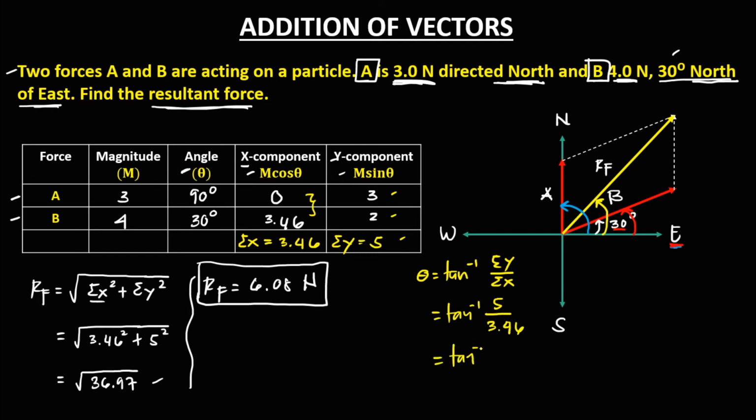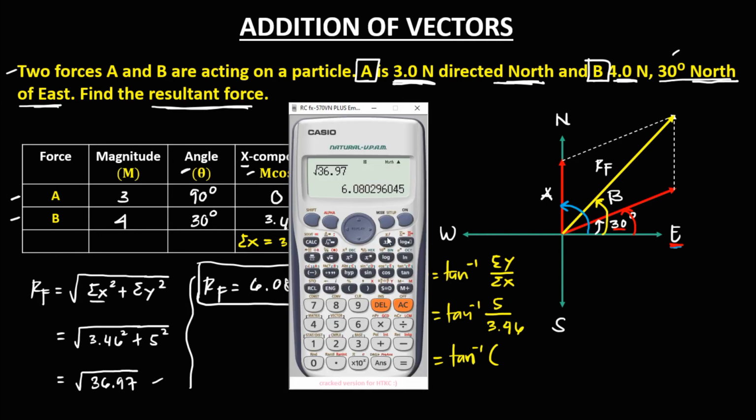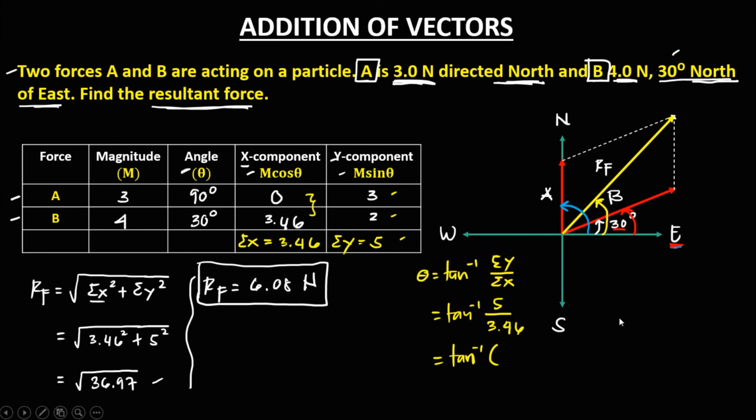So this 5 divided by 3.46 equals 1.4451.